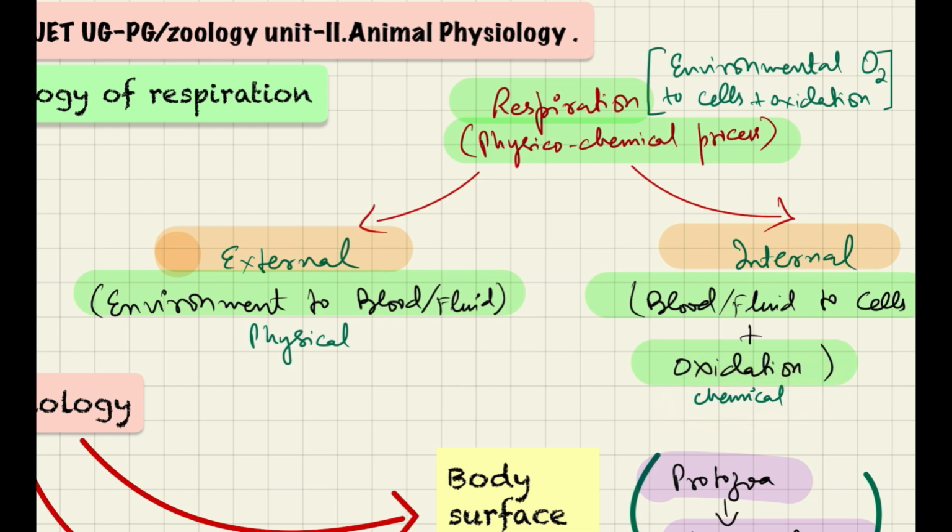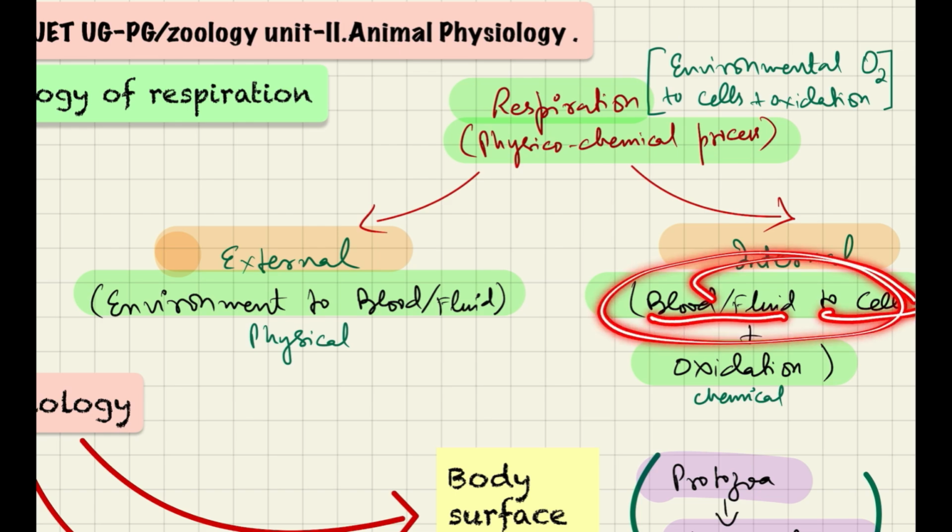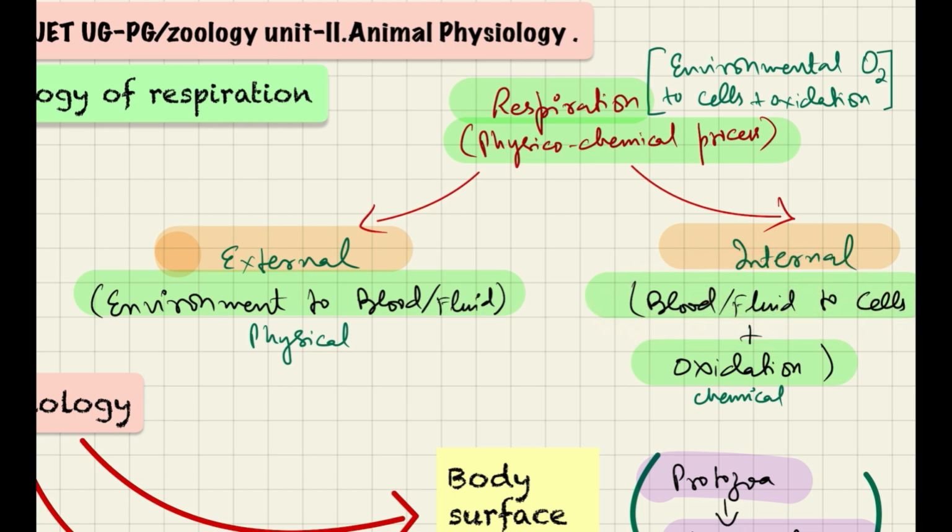So it involves both physical and chemical processes. This transfer of oxygen from blood to cells in case of internal respiration is also a physical process. So internal respiration is having two steps and external respiration is having one step. This is about the respiration and how it operates.